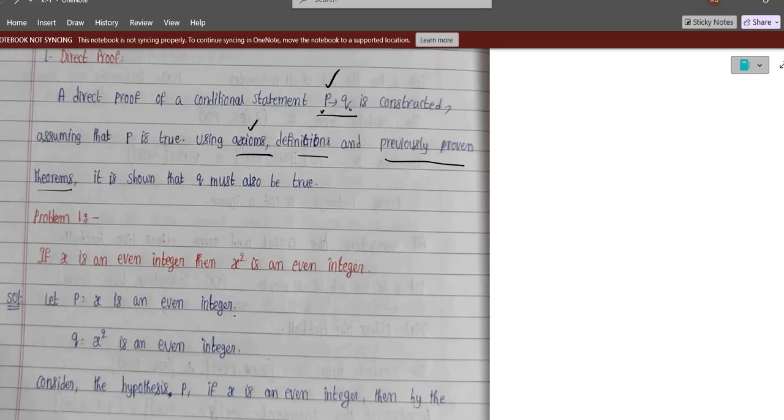With the help of axioms, definitions, and previously proven theorems, we are going to get Q. That means we start with P and use axioms, definitions, previously proved theorems. We get Q. That's why P implies Q. P implies Q is a conditional statement.